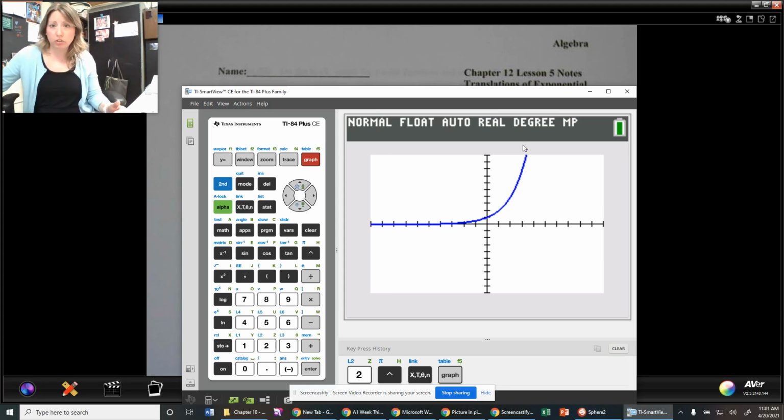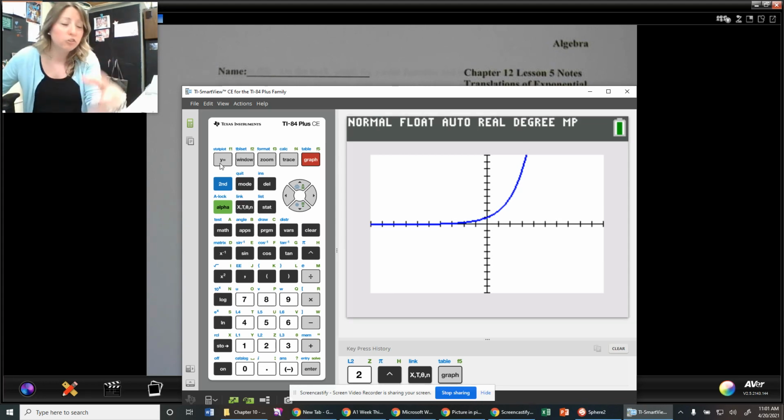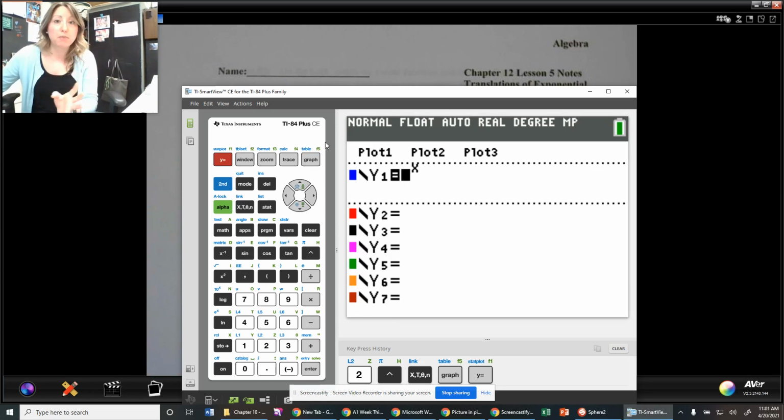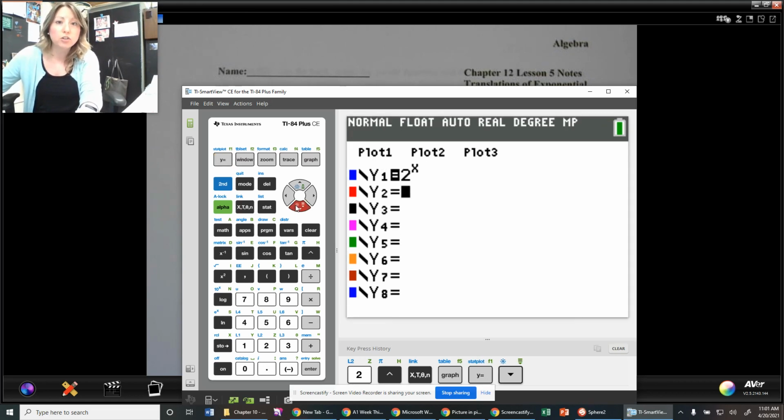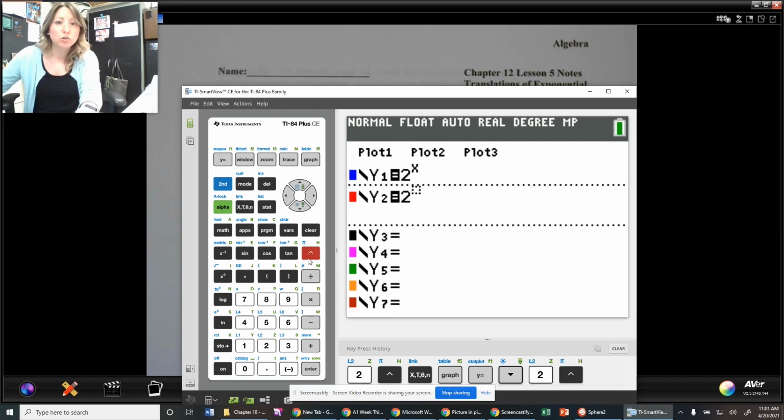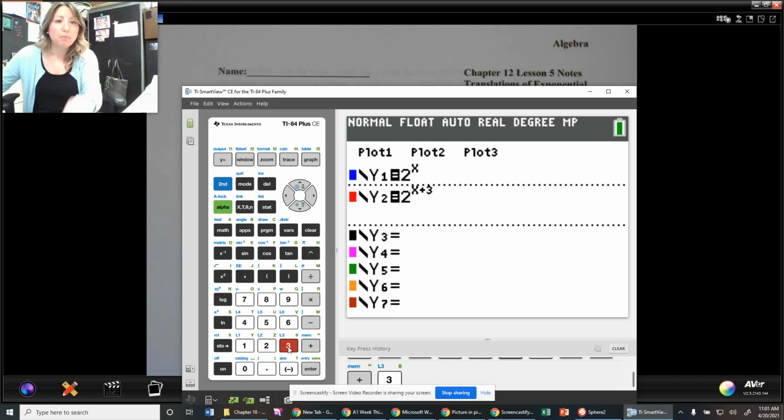Now I'm going to show you this function with the changes on the front in the pictures that we have. The first change I'm going to make is to take this function and add 3 in the exponent. So I arrow down to y2 and type in 2 raised to the x plus 3 power.